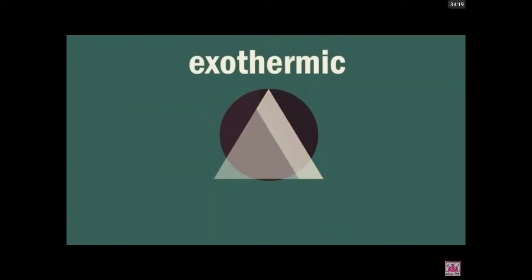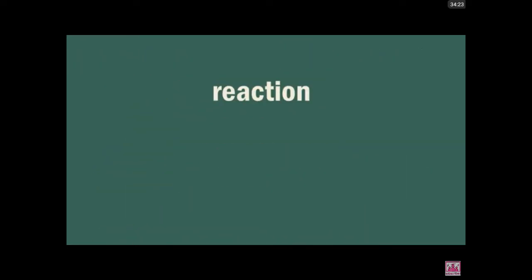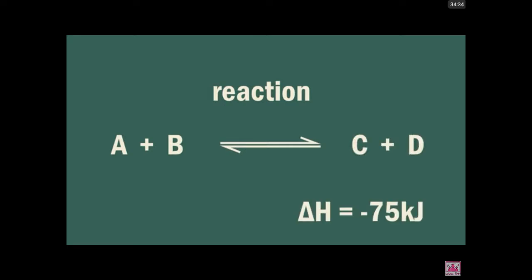If the forward reaction is exothermic, then the reverse reaction must be endothermic. Let's examine this hypothetical reaction where reactant A reacts with reactant B to produce product C and product D with a change in heat of minus 75 kilojoules.